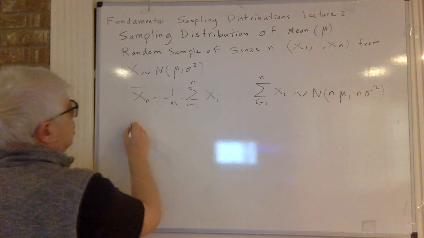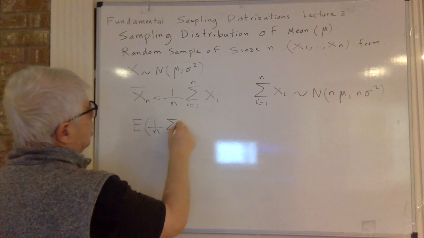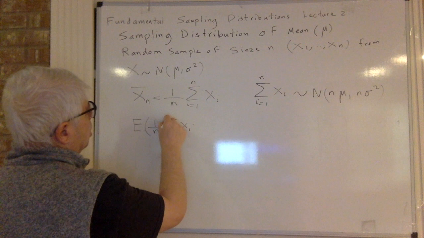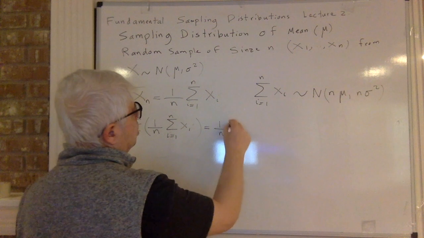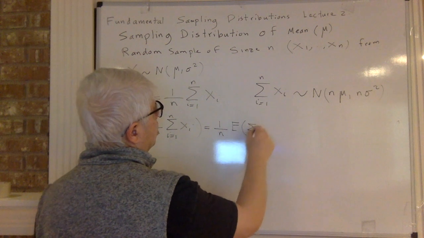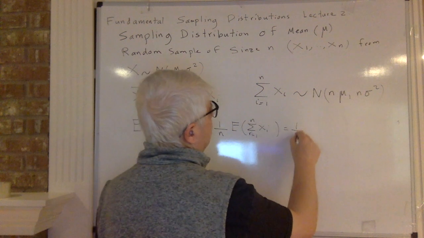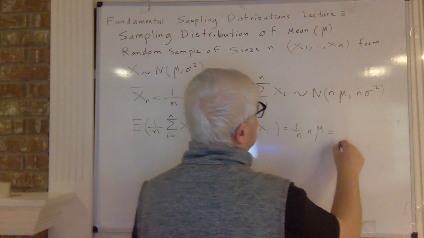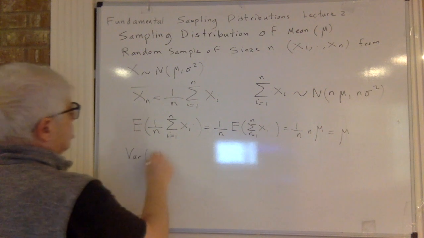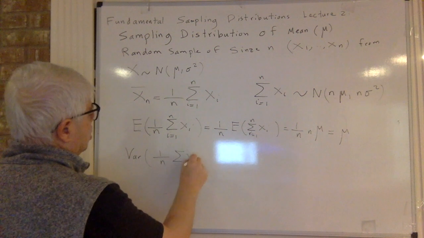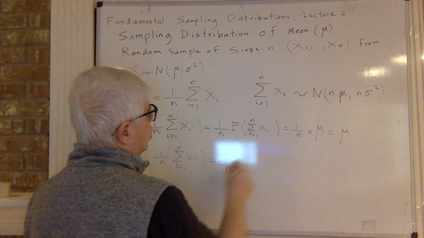So let's find E of 1 over n of this thing. So that is 1 over n, E of this, which is 1 over n times n mu, which is mu. And the variance of this thing, that's 1 over n squared, remember, 1 over n squared variance of.